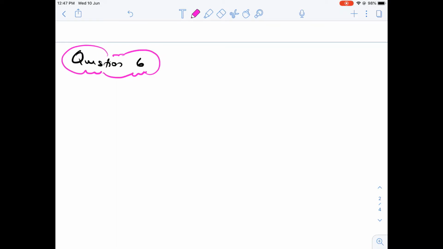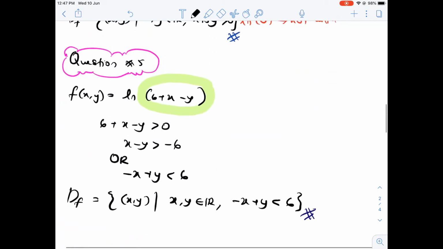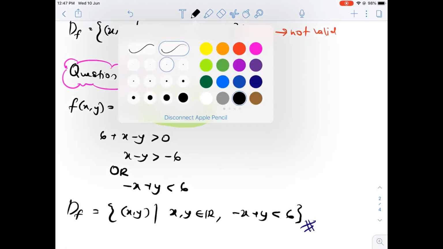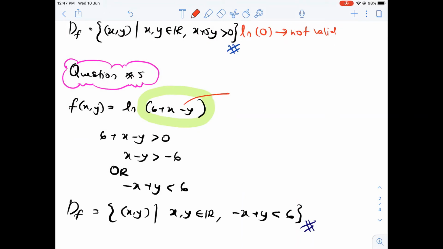So f(x,y) equals the square root of 9 minus 3x squared minus y squared. Now, previously in ln, the value here must be greater than 0.